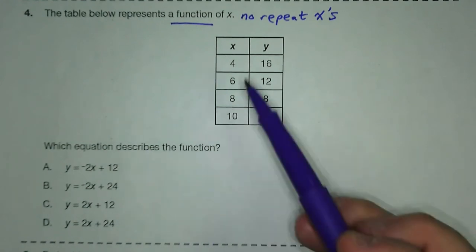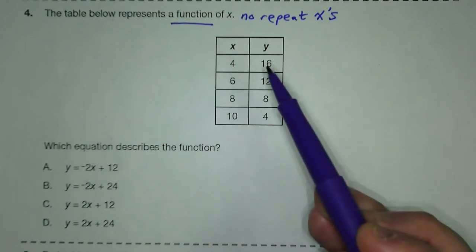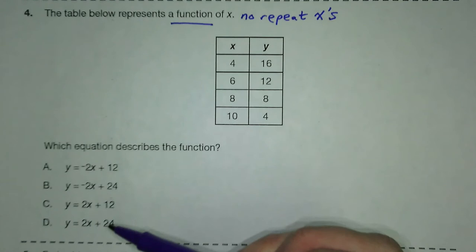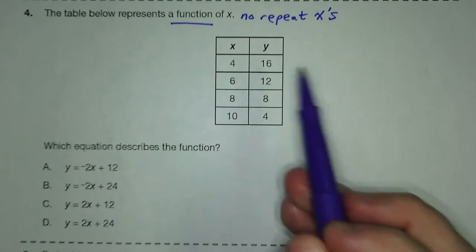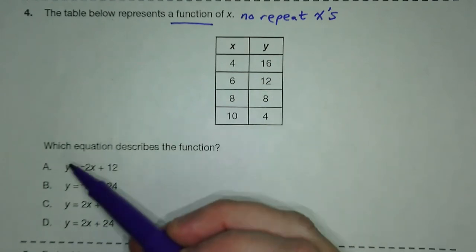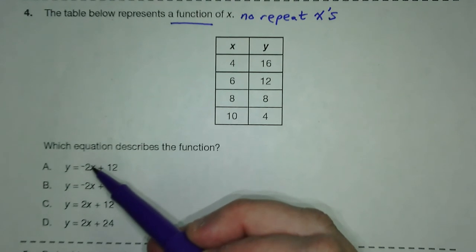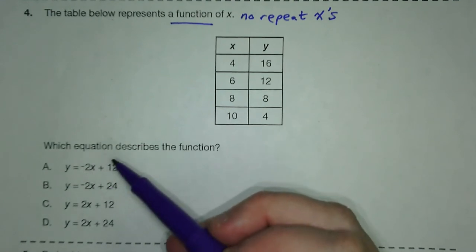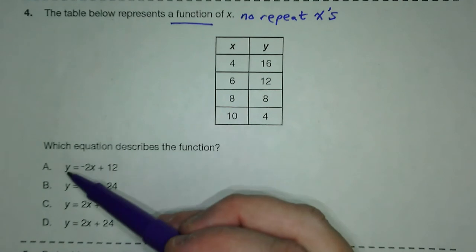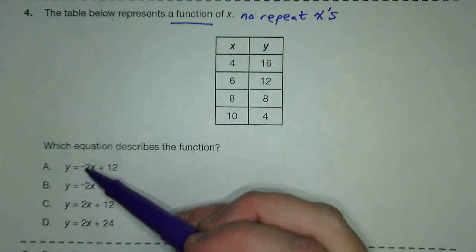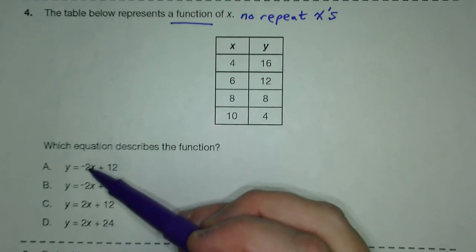You'd have to be able to plug that combination into the correct equation to make it true. Like, okay, 16 for y, so 16 equals -2 times 4 plus 12. Does that actually equal? Okay, so -2 times 4 is -8.